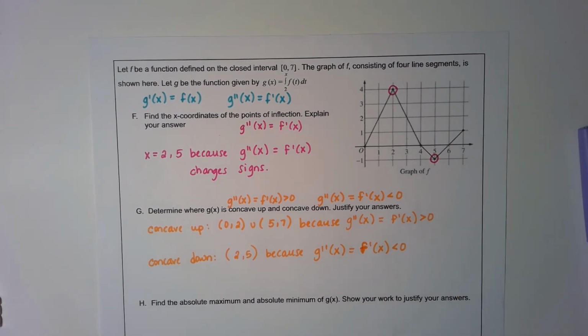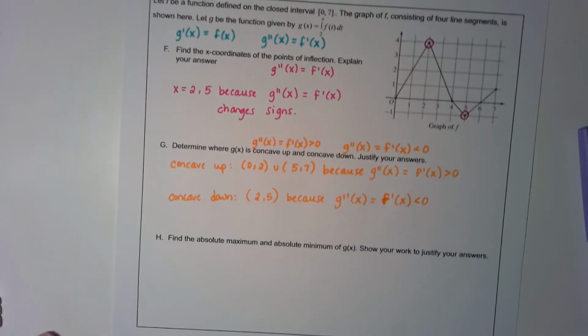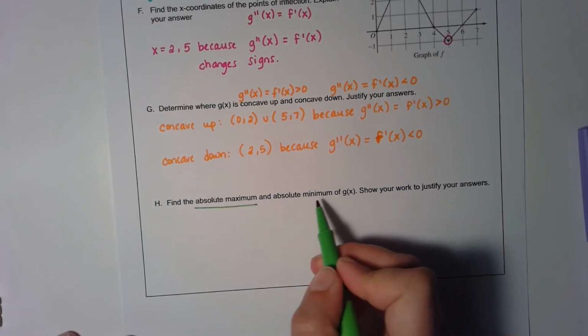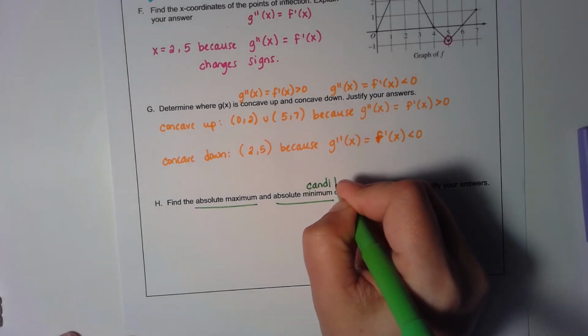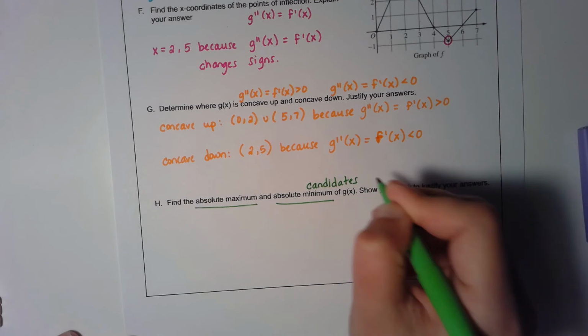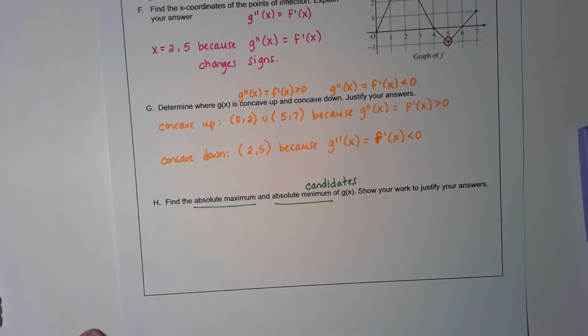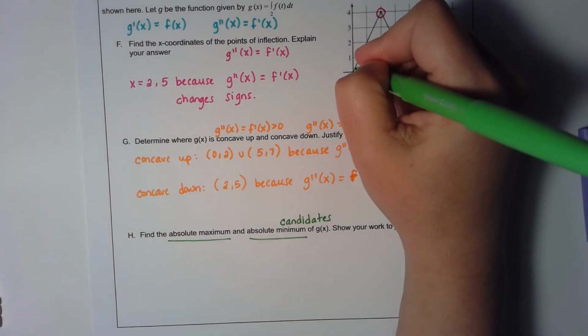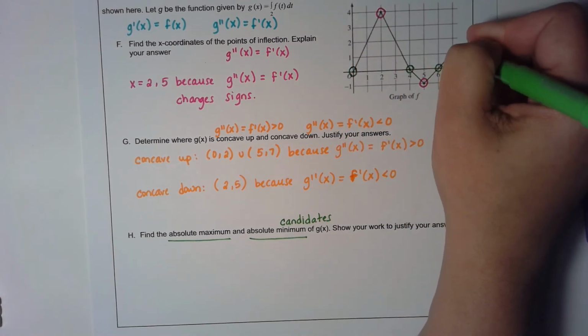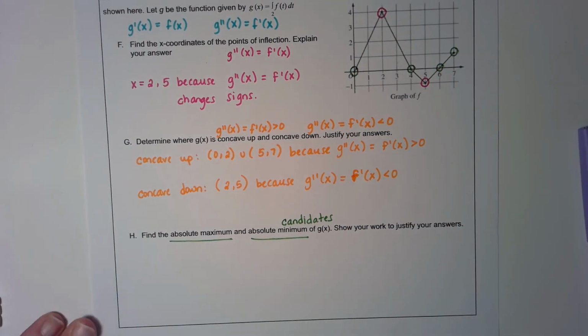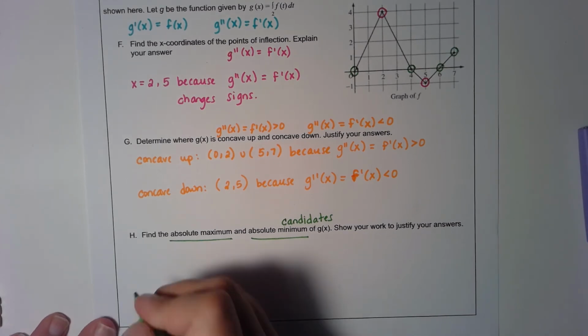And last but not least, find the absolute maximum and absolute minimum. Now, anytime I ask you about the absolute maximum or the absolute minimum, you need to use the candidates test, which means that you are considering the critical points as well as the endpoints. Now, in our previous problem, we said that the critical points were the x-intercepts, and we're also going to include the endpoints here, so 0 and 7, because those are potential locations of maximums and minimums.